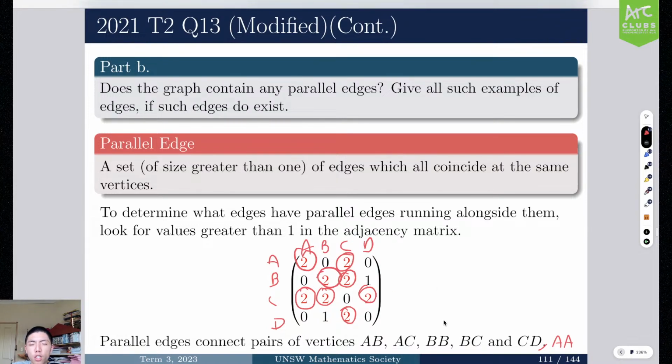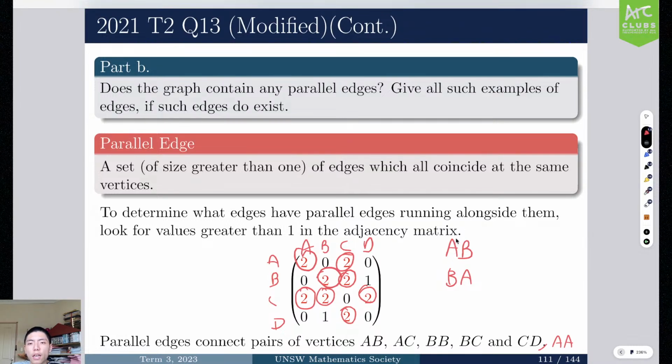Because we don't actually care about the ordering, what ends up happening is that A and B is different to B and A. Wait, not, okay, so they look different to each other, but they're actually the same thing. In the adjacency matrix, they would come up as different element positions, but they all describe the same thing because this is not directed.